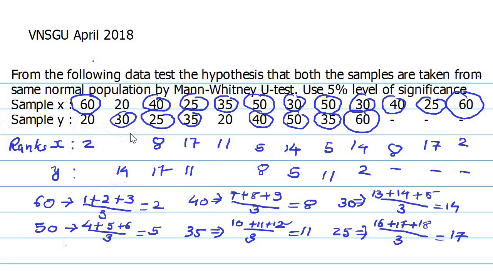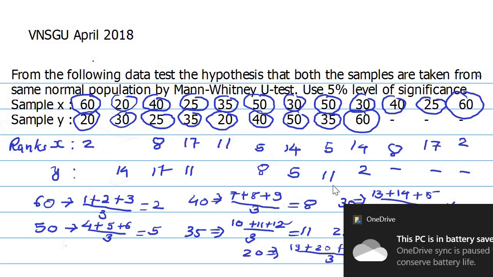Now next largest number is 20, and this is our last number. So 20, 20 and 20 appearing 3 times, and 20 will be assigned average ranks of 19, 20 and 21, and this will be divided by 3, and that will give me 20.